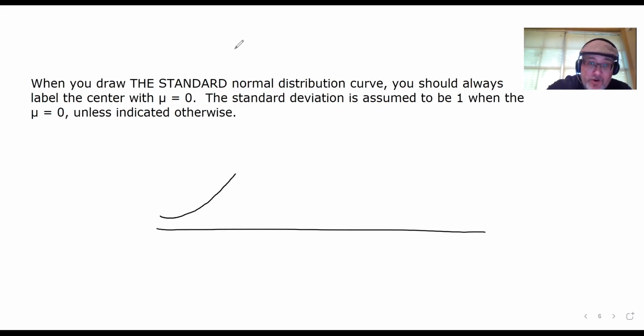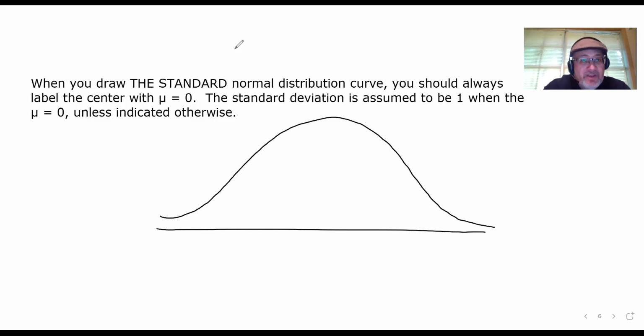Now, I guess how far zoomed in or out could vary, but being a standard normal distribution, its mean is 0, so you put it in the middle. But if you don't write a standard deviation, in other words, if you don't write sigma equals 1 and there's 0 in the middle, it is presumed that it is a standard normal distribution curve and the standard deviation is 1. So it's okay to write sigma equals 1, but if you don't write it and you put 0 in the middle, I assume that's what it is.